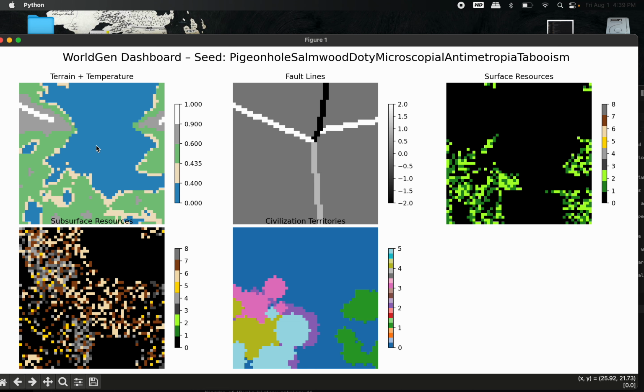That's just an example. Once you have the map, you then do resource generation. You have resources that are on the surface and then subsurface resources. The reason for this is that once you get civilizations on there, I felt that having just one resource per tile was too limiting and led to major resource imbalances. It'd be easier to display them this way as well.